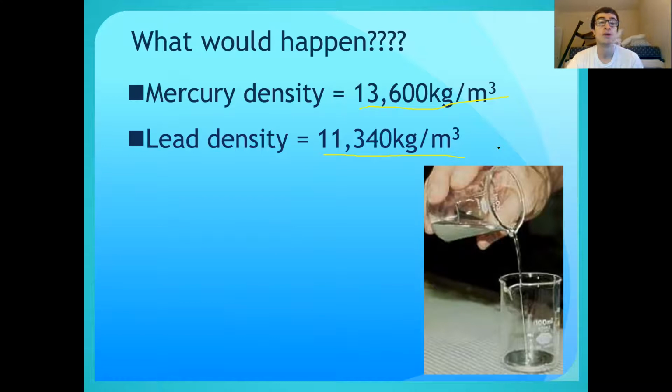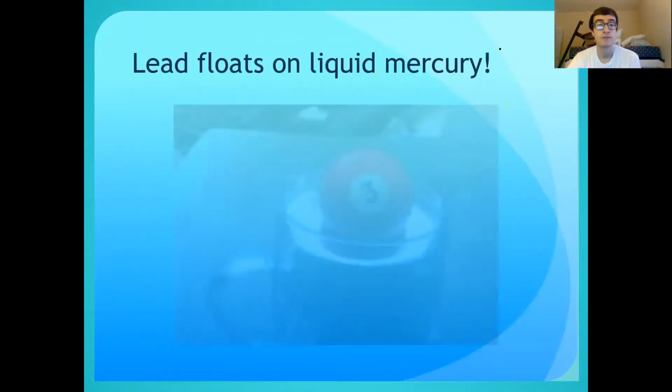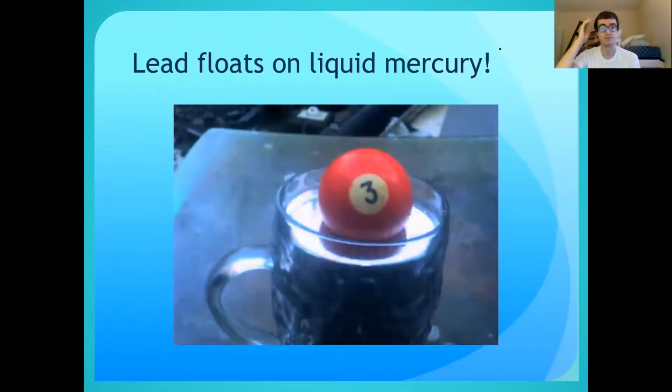So hopefully, by looking at these numbers, you can see the lead is less dense and the mercury is more dense. What this means is that the lead will actually float on mercury.